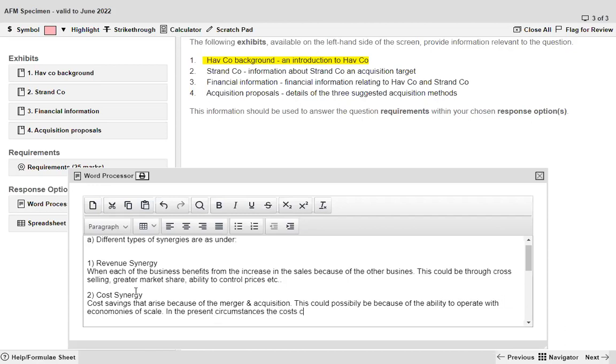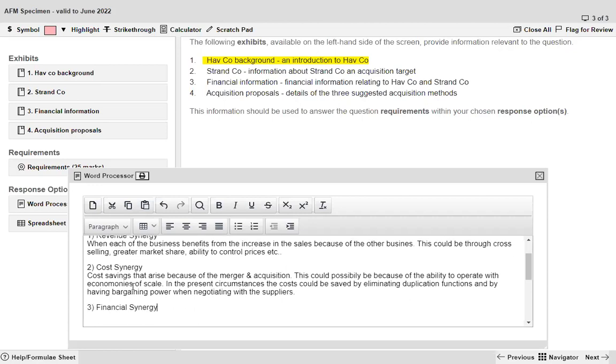The cost could be saved by eliminating duplicate functions and by having greater bargaining power when negotiating with the suppliers.